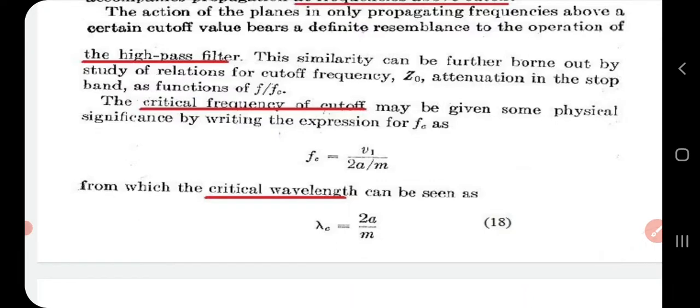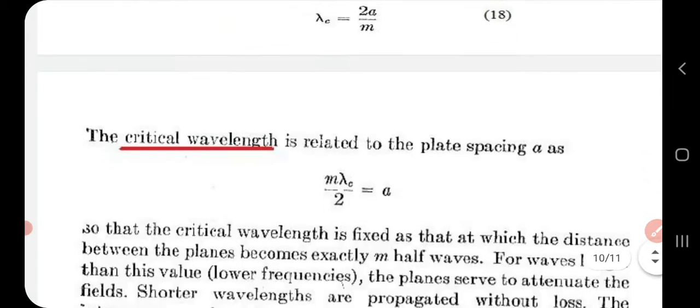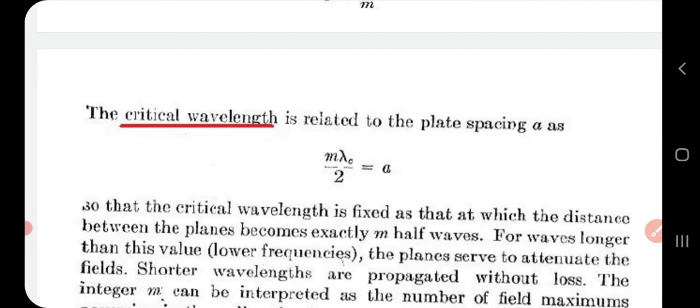Here they have given one more expression for the critical frequency. fc is equal to v1 by 2a times m, and the expression for critical wavelength is given as lambda c is equal to 2a by m. Then they also have given the relation of critical wavelength to the plate spacing a as m lambda c by 2 is equal to a.